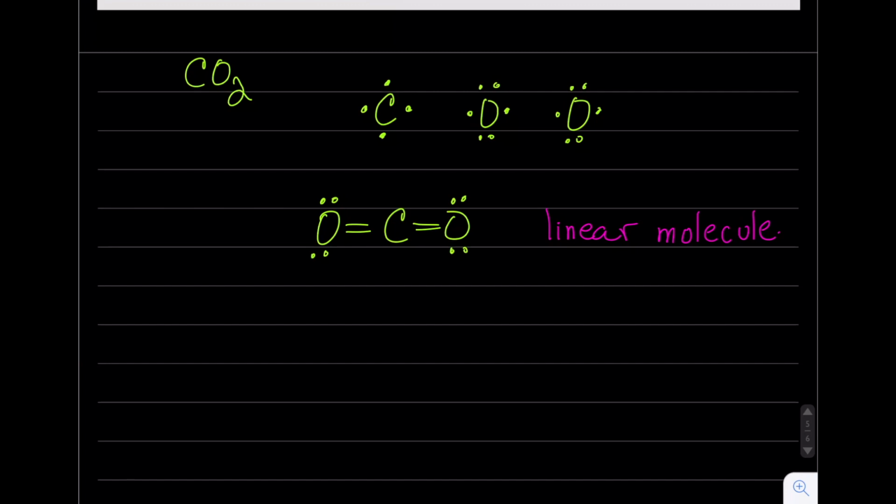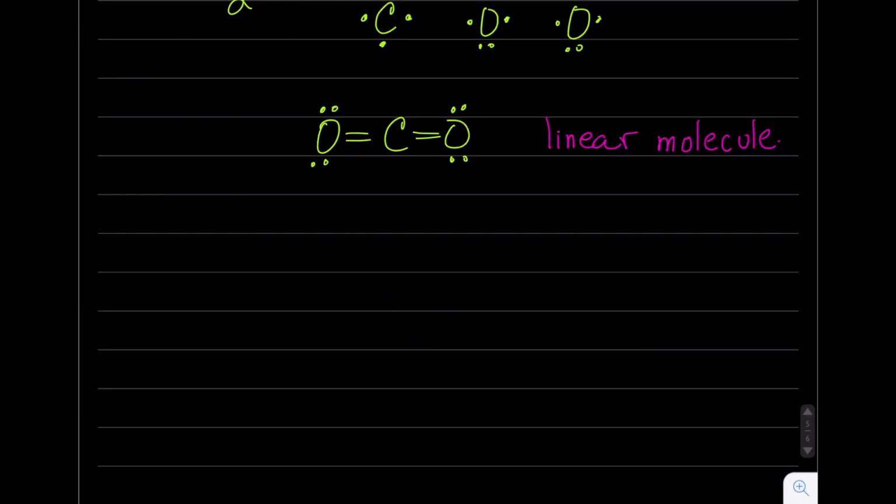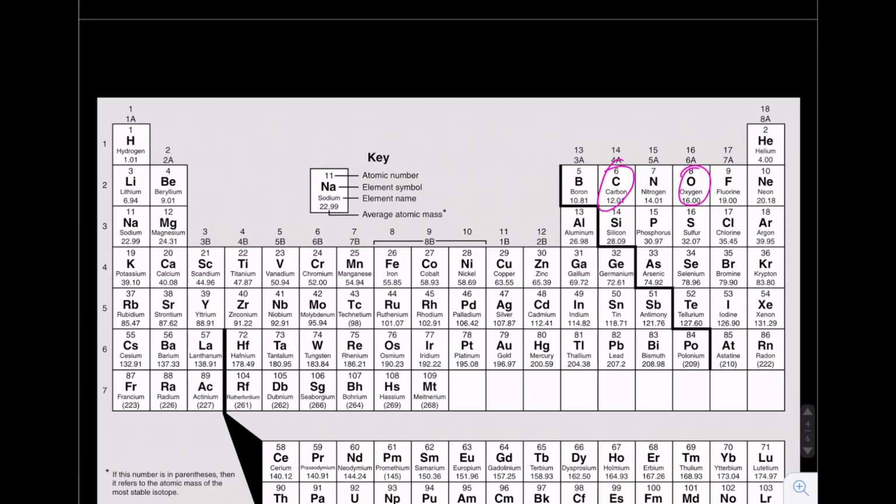Okay, so now we need to see, are these bonds, this carbon-oxygen bond, polar or nonpolar? Well, they're not the exact same atom, right? We've got carbon and oxygen, so they're polar. They're not super far away from each other, so probably not real polar. Oops, let's go back up.